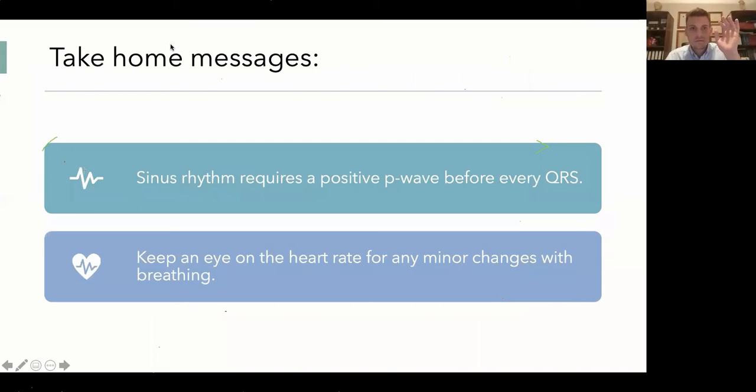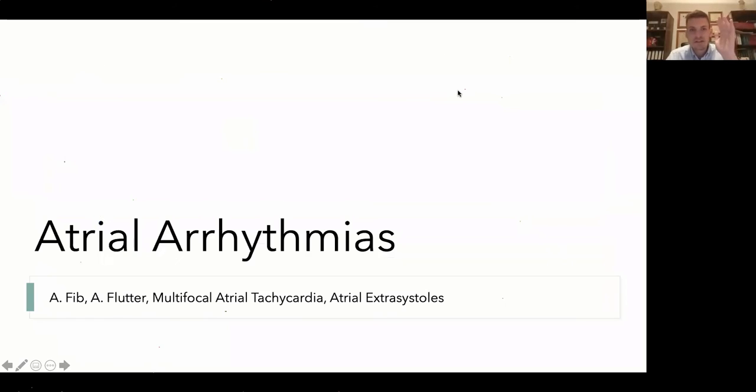So, take-home messages. I cannot repeat this enough, okay? Sinus means that there is a positive P wave before every single QRS, okay? Keep an eye on the heart rate for any minor changes with breathing, especially for students undergoing pathophysiology exam, okay? This is it. This is all about sinus arrhythmias.